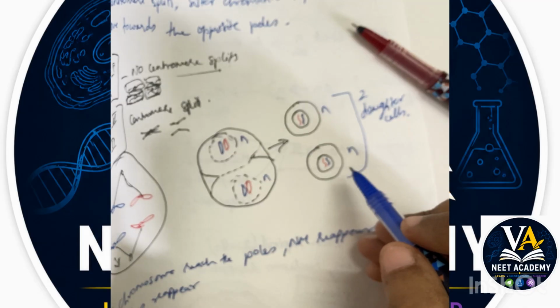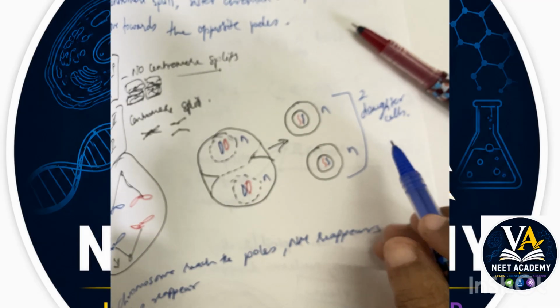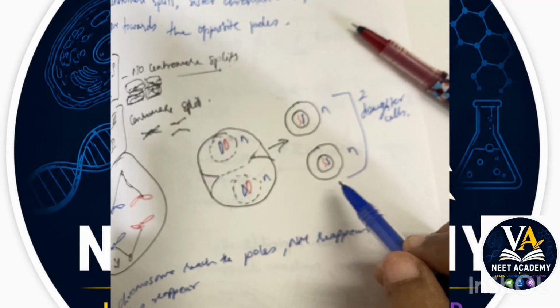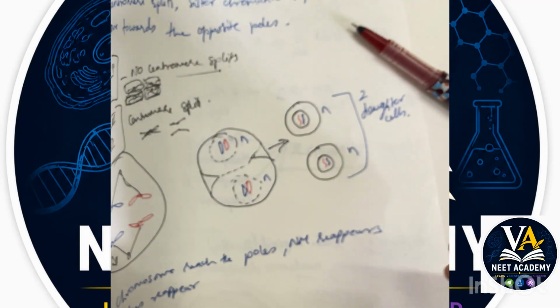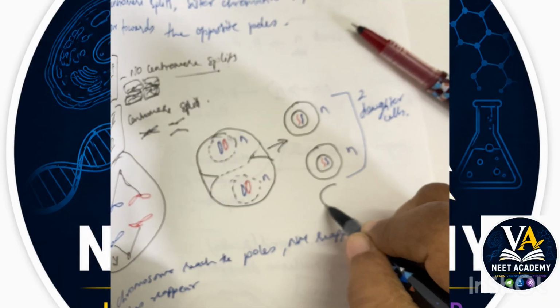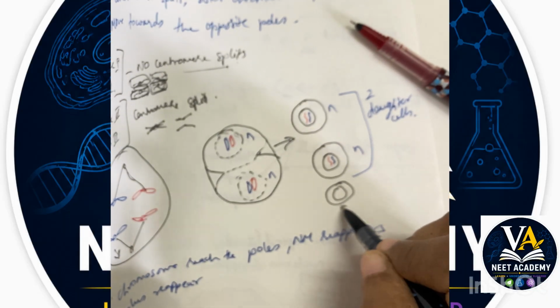How many haploid cells did we get after meiosis I? You got 2. This is the result of one haploid cell, and the same thing will happen with the second haploid cell. It will also result in the formation of two daughter cells like this.